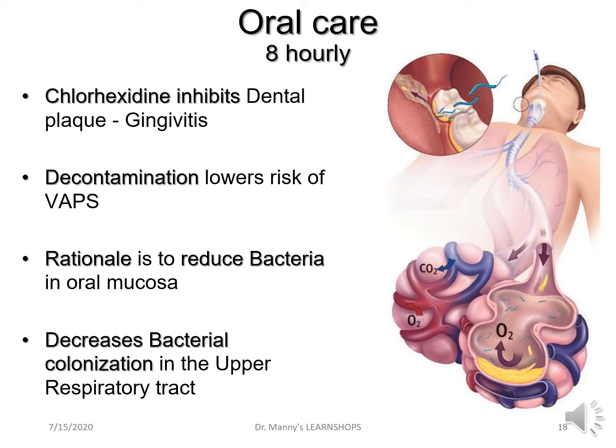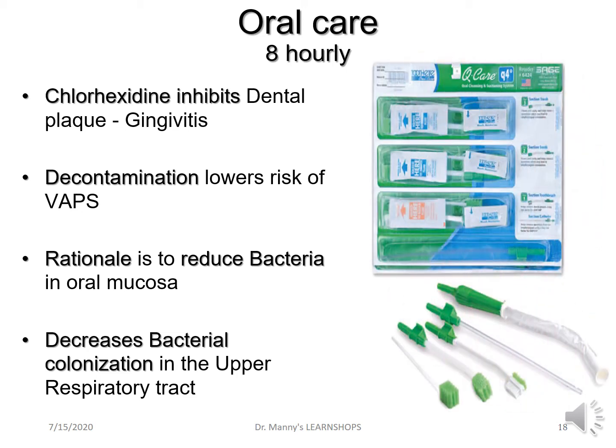And the decontamination lowers the risk of ventilator-associated events like ventilator-associated pneumonia, because the rationale for oral care is to reduce bacteria in the oral mucosa. And as a consequence of that, this decreases bacterial colonization in the upper respiratory tract. And there are numerous devices that can be used to initiate this.